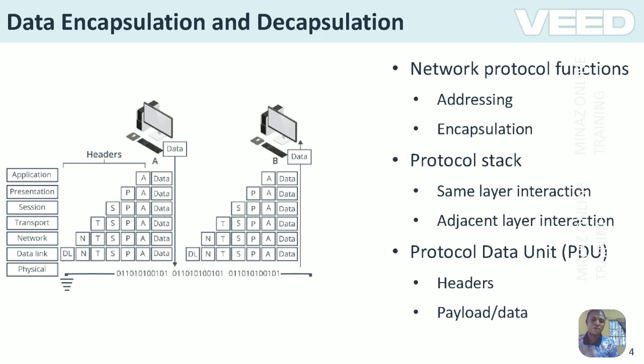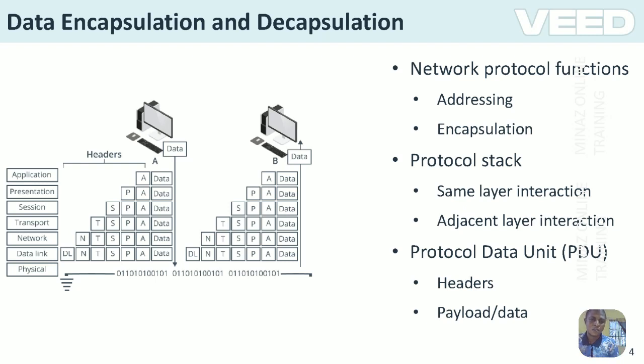Then when you step further to the transport layer, the packet is removed. Then we move to the session layer, presentation layer, and application layer, where the segment is also removed. Then you send the data to the appropriate place.